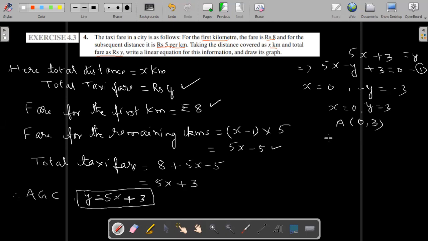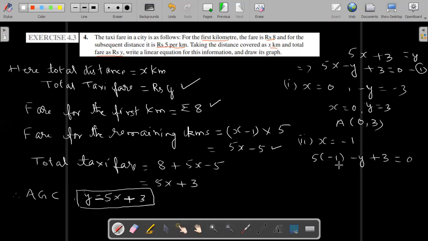Now you have to take x is equal to, you can take any value. If you take minus 1, substitute minus 1. So 5 into minus 1, this is our second point. x is equal to minus 1: minus 5 minus y plus 3 is equal to 0.